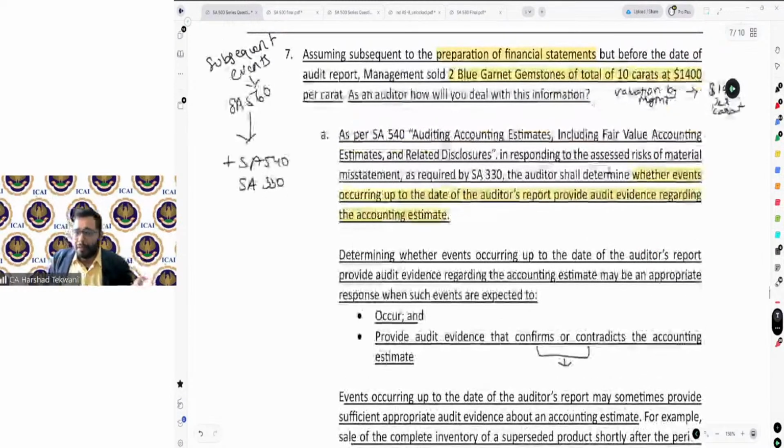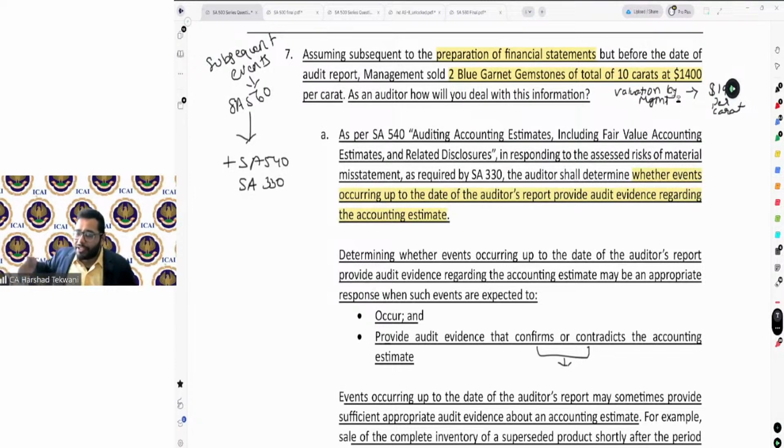Rather, for this sale, I'll take the audit evidence about the event: when the sale happened, with whom, whether it was a related party or non-related party, whether the amount fetched is the same, and whether the two blue garnets which were sold are the same as, or similar to, those held in the inventory. Is it the same product or a relatable product?